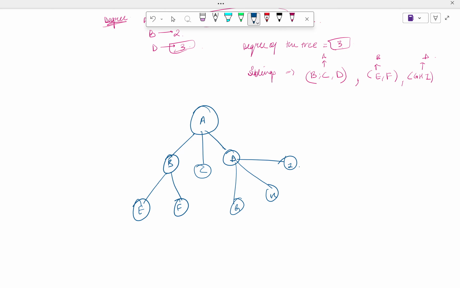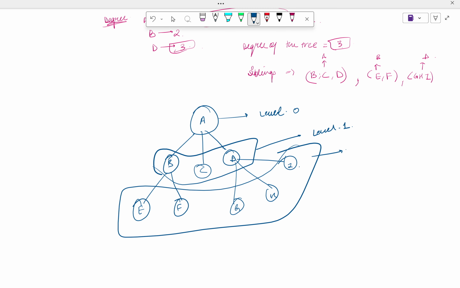This is our level 0. These three are on level 1 and these 5 are on level 2.